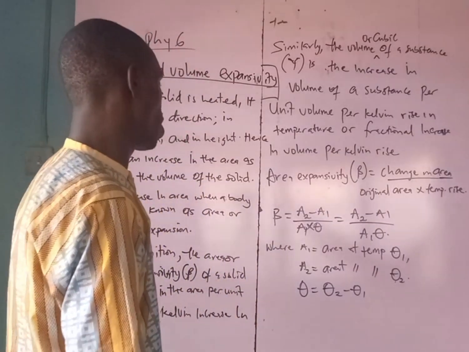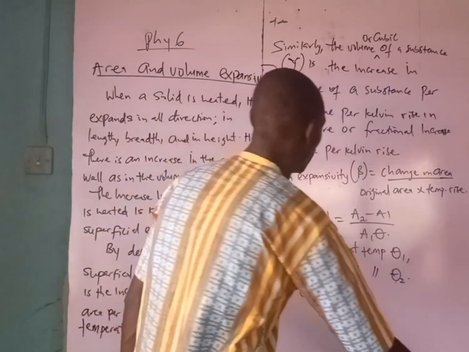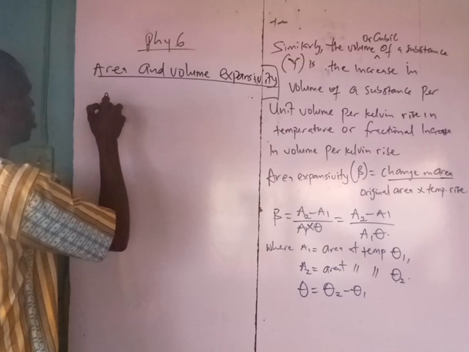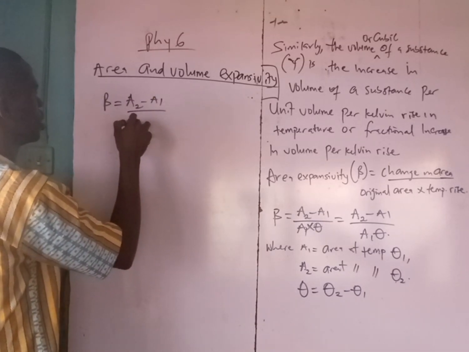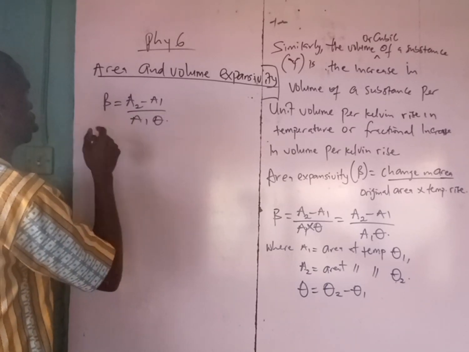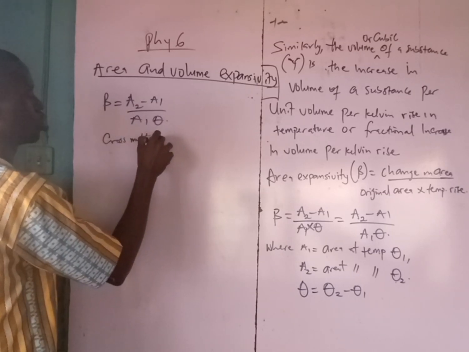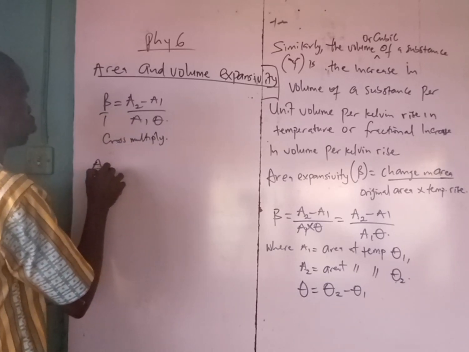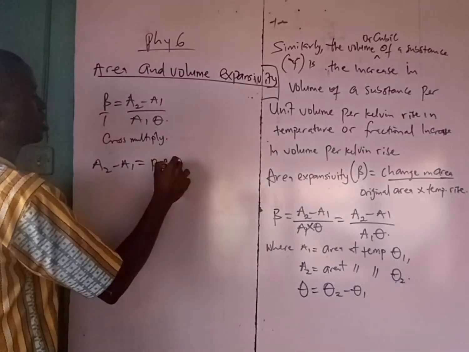Now let's bring out the formula for A1 and A2. We said beta equals A2 minus A1 over A1 theta. So by cross multiplication, we have A2 minus A1 equal to beta A1 theta.